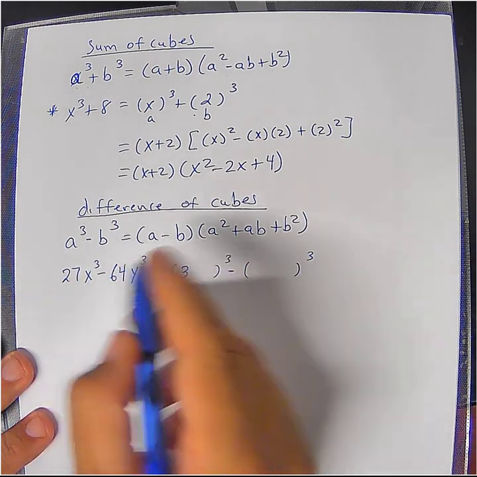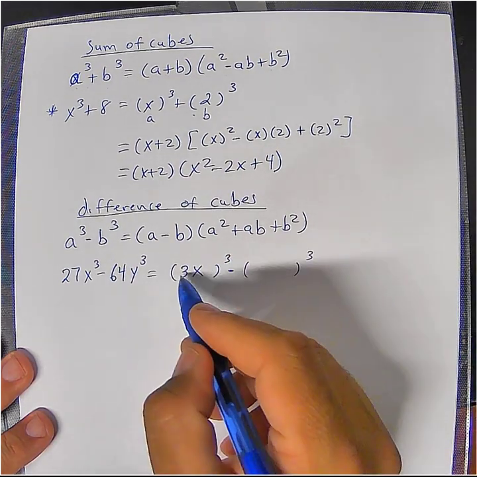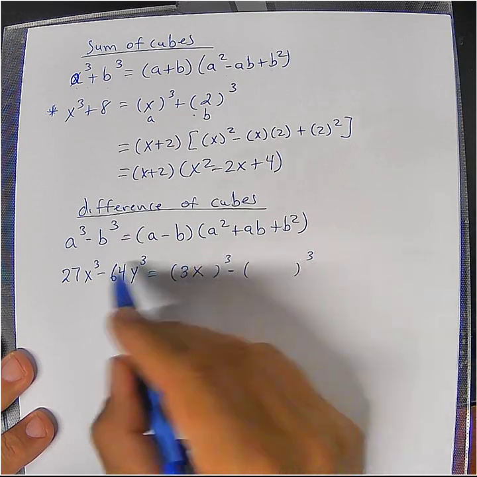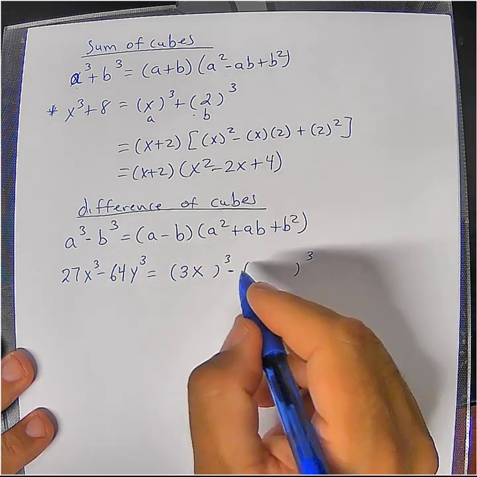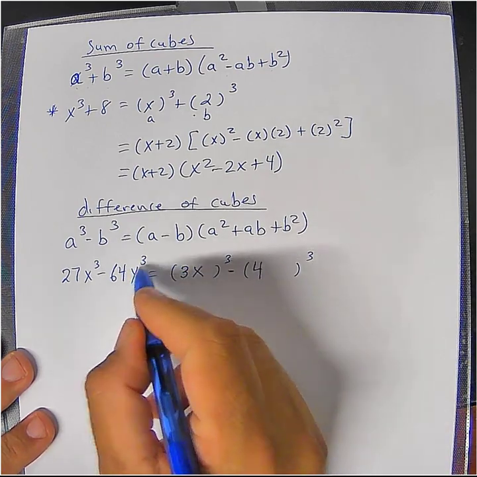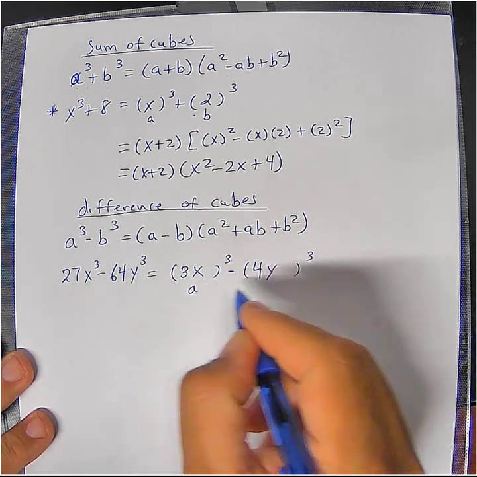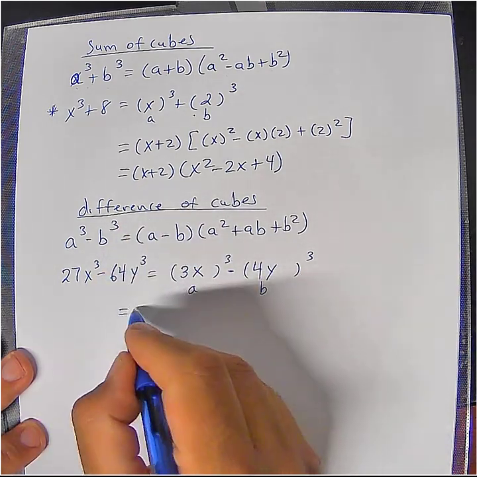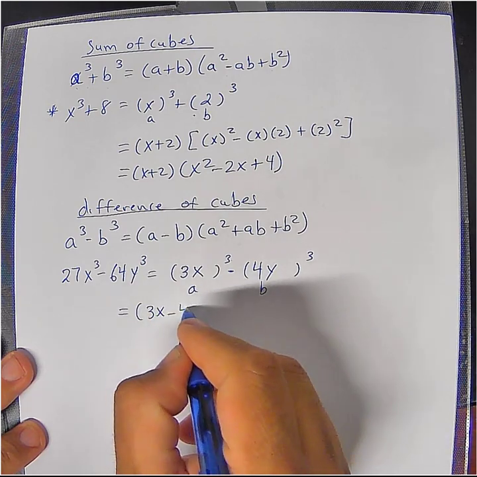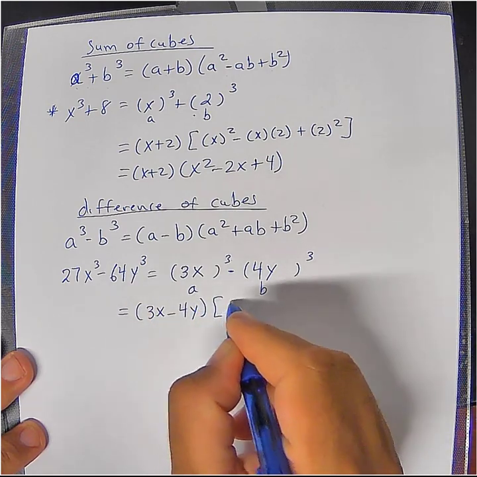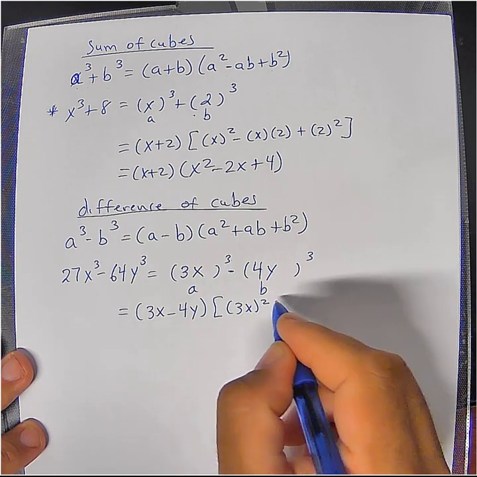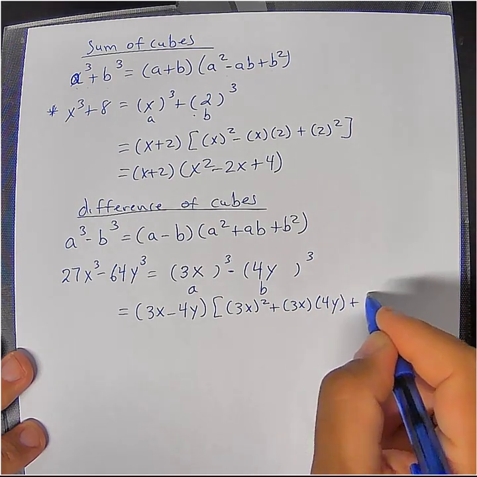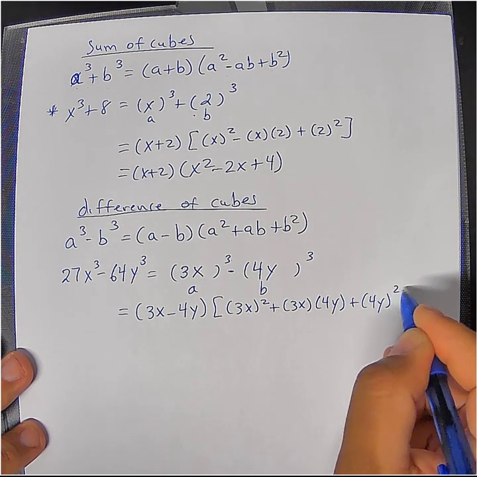X cubed, 3 divided by 3 is 1, so that's a 3x. 64 would be a 4, and then y. So a is 3x and b is 4y. So I'm going to follow the format: a minus b, then a squared plus a times b plus b squared.